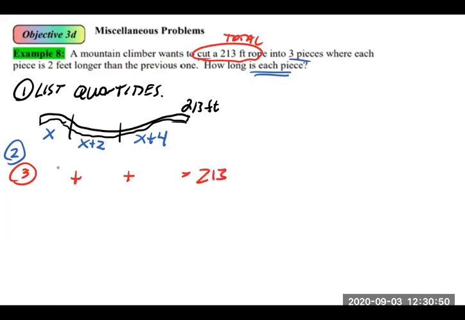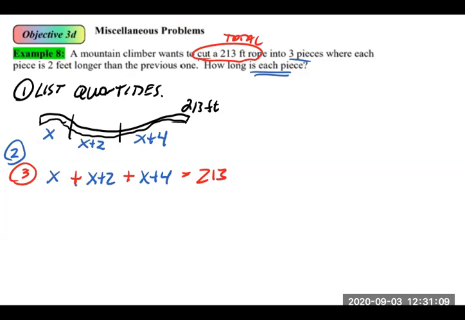And the 3 pieces that I'm adding up are X, the first piece, X plus 2, the second piece, and X plus 4. So again, we see in this equation, we see the expressions that we defined and the mathematical process that involves those pieces.